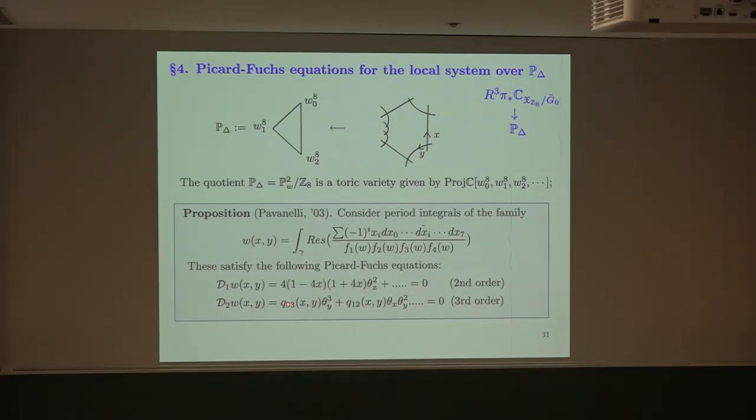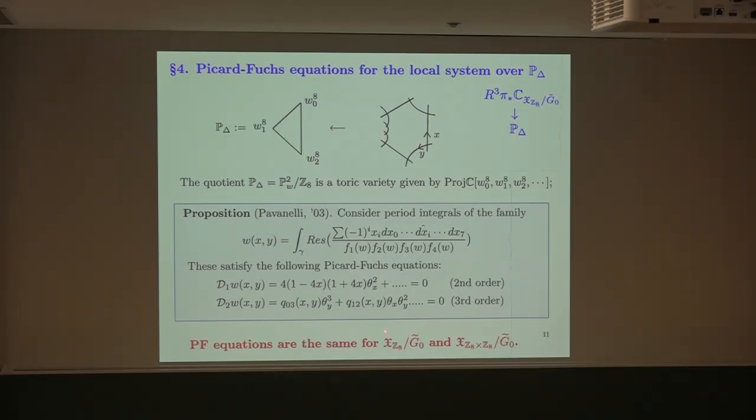From now on it's rather straightforward to find the differential operators which annihilate this period integral. After some work, it turns out that we have second order and third order partial differential operators. This is enough to determine the period integrals. So the Gauss-Manin differential system is something like this.